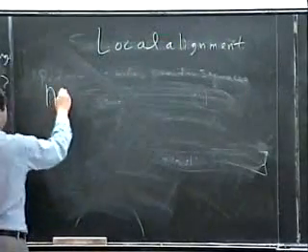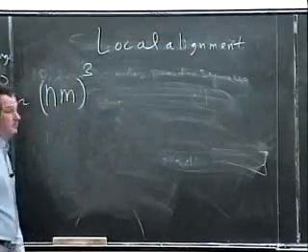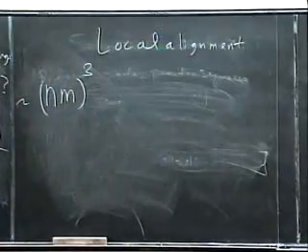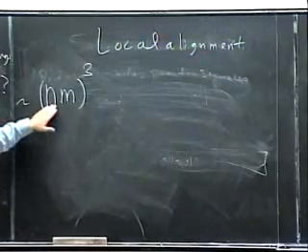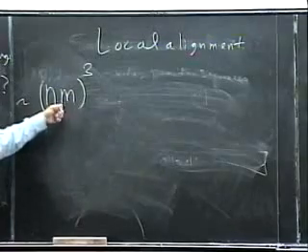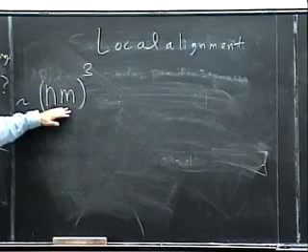It's about nm cubed. So when n was 1,000, n and m are both about 1,000, and this is about 1,000,000. 1,000,000 cubed is a big number.